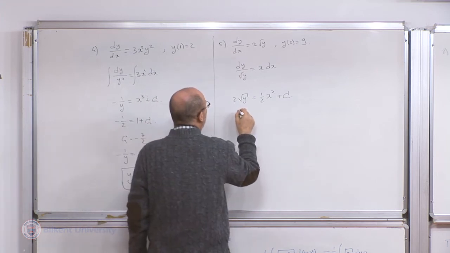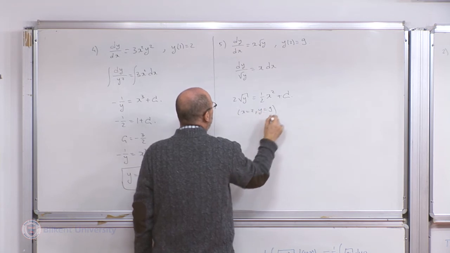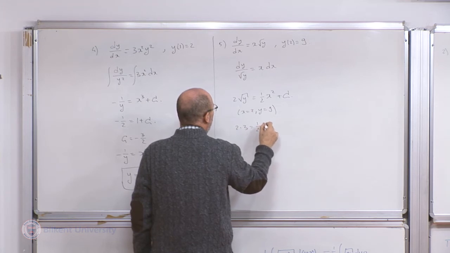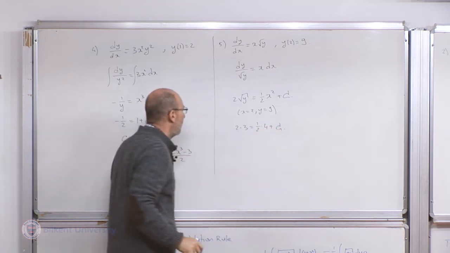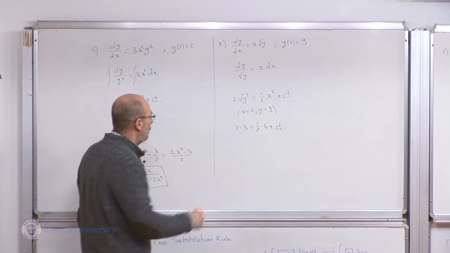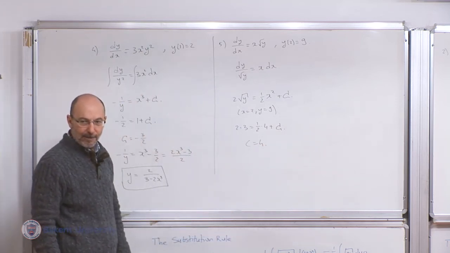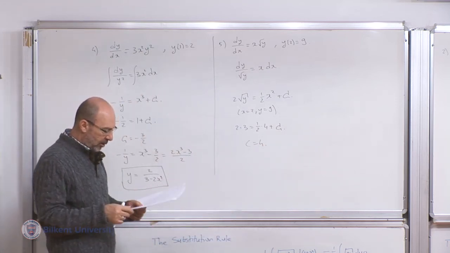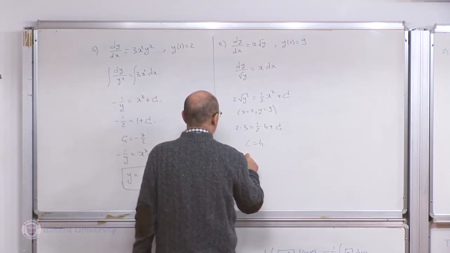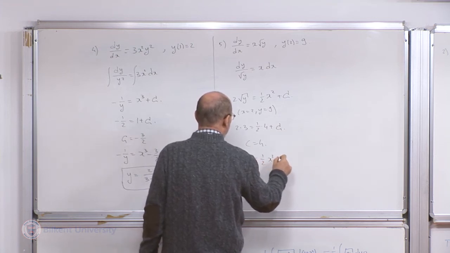Now I put x equals 2, y equals 9. So this is 2 times 3 equals 1 over 2 times 4 plus c. Okay, 6 minus 2 is 4, so c is 4, right? Okay, so I have 2 square root y is equal to 1 over 2 x squared plus 4.